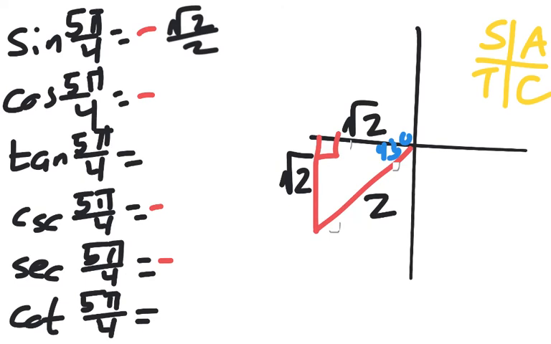So it's also going to be radical 2 over 2. Tangent of 45 degrees. That's going to be the opposite, radical 2, over the adjacent, radical 2. So I've got radical 2 over radical 2, which is 1.